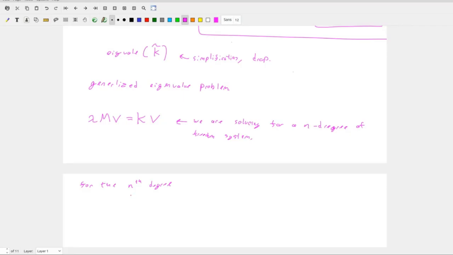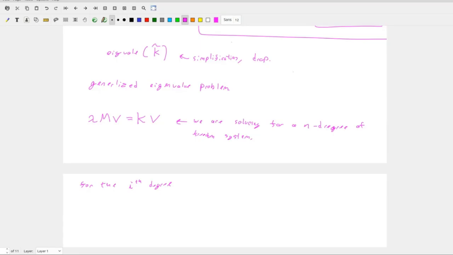I instantly don't like that. Let's go for the ith degree. I need a note to fix that. I mean, the nth degree works too, but I feel like it's more prudent to say for the ith degree.